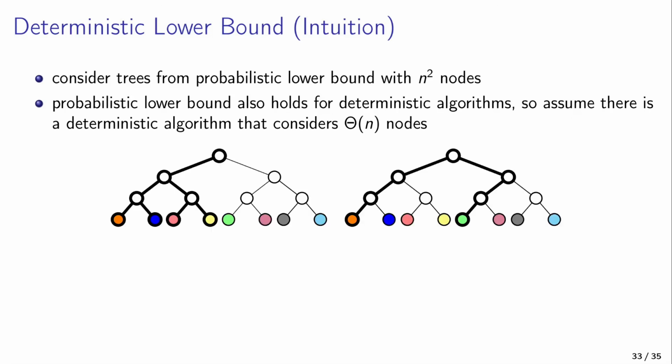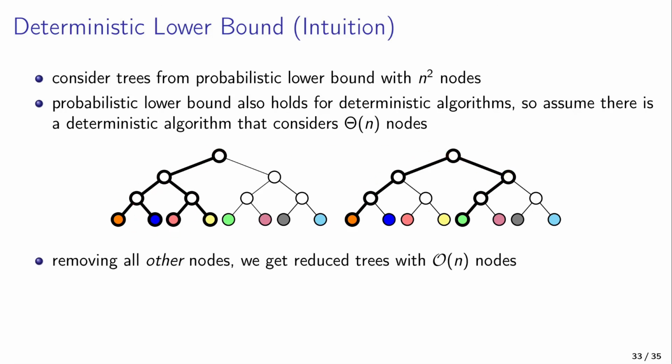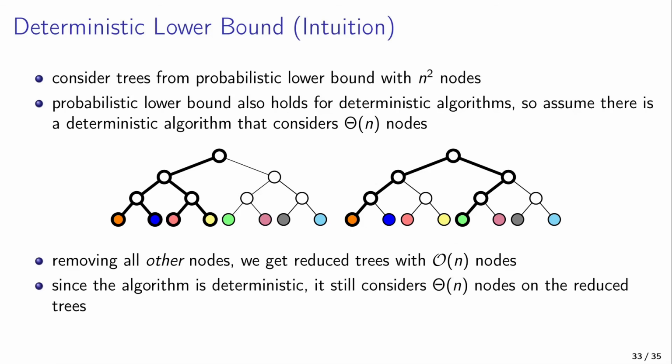We then just run the algorithm and look at which parts of the trees the algorithm checks. Then we remove all the nodes the algorithm does not touch, which results in reduced trees of size O of n. But since the algorithm is deterministic, it still considers o(n) nodes on the reduced trees of size O of n, which proves the bound.